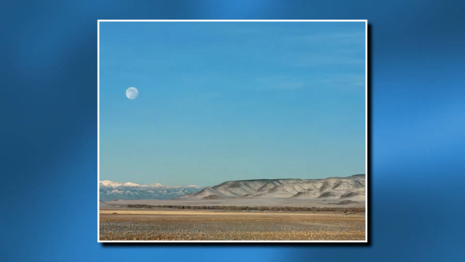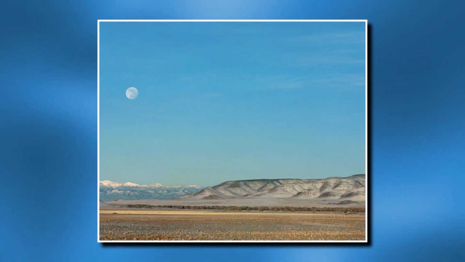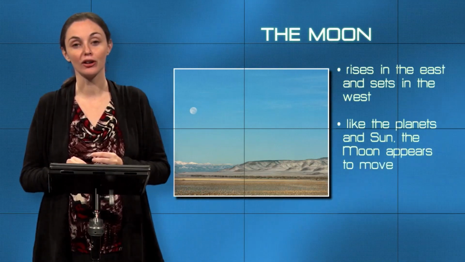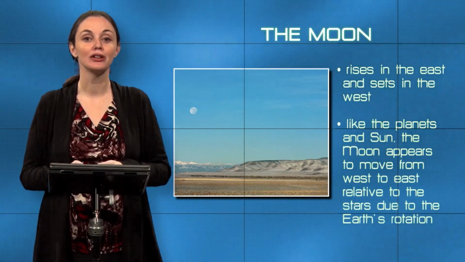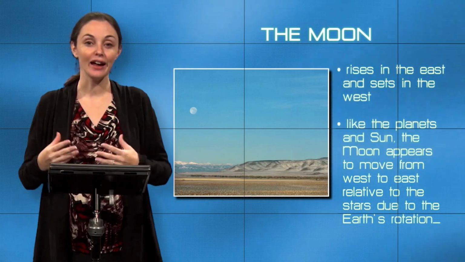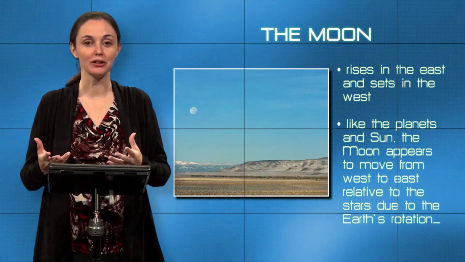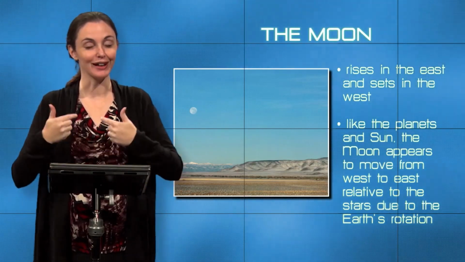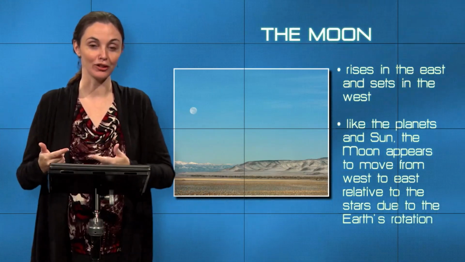So getting started, talking about the moon is really not all that dissimilar from all of the other objects that you can see in the night sky, and occasionally even sometimes the daytime sky, making it different from a lot of those other nighttime objects. It rises in the east and sets in the west, just like stars do, just like planets do, just like the sun does. And that aspect of the moon is all about our moving and not necessarily the moon moving around.